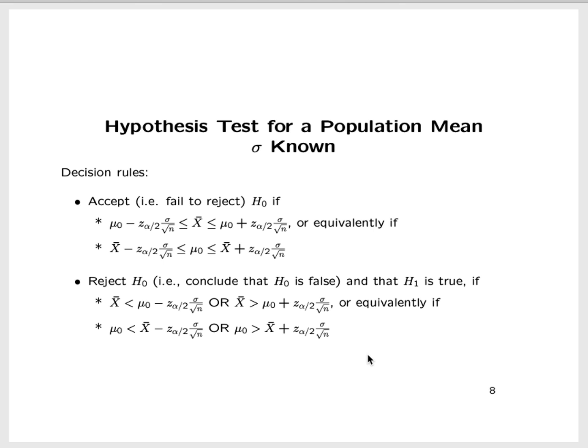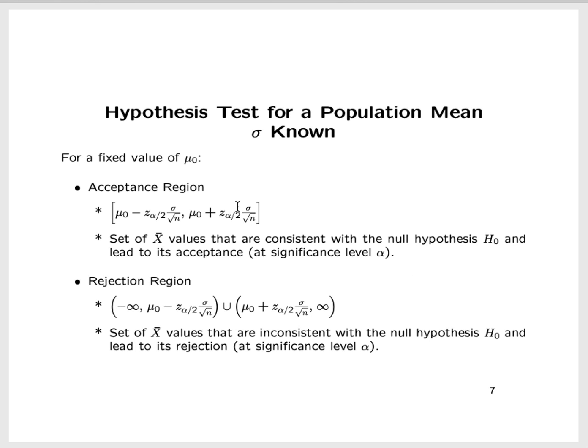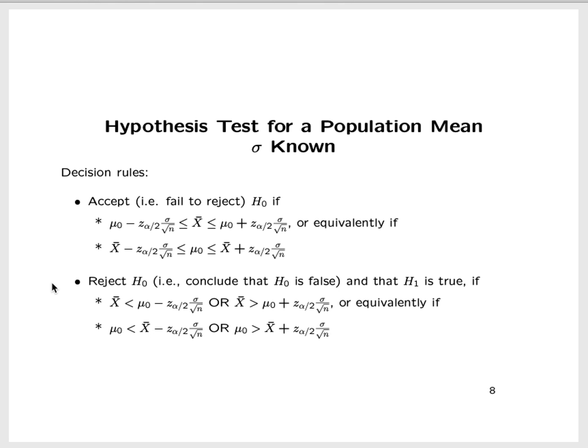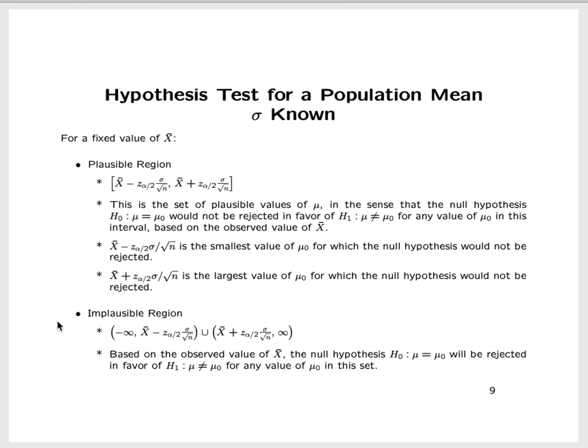So we can state the acceptance and rejection criteria either in terms of sets like these, so we would have an acceptance region and a rejection region, or we can restate it in terms of actions or decision rules that involve these actions. And we can also think about things this way. For a fixed value of x bar, we can think of plausible and implausible regions.